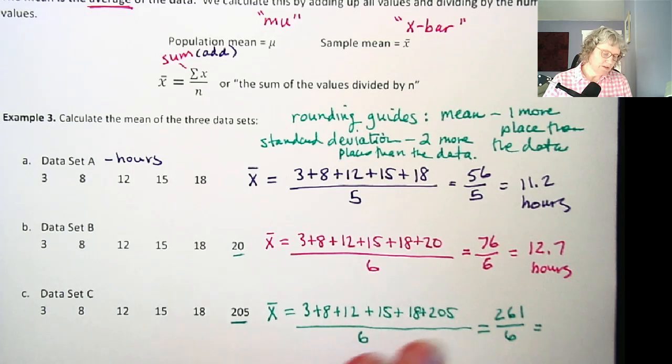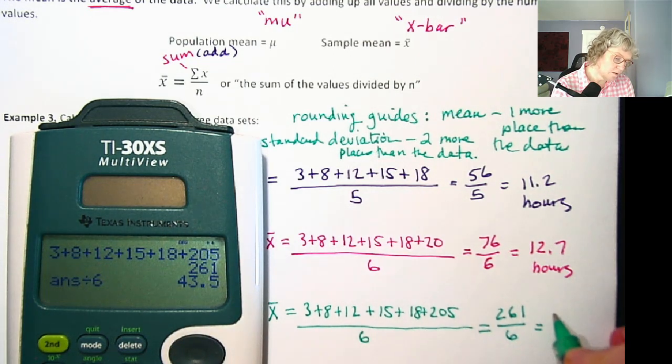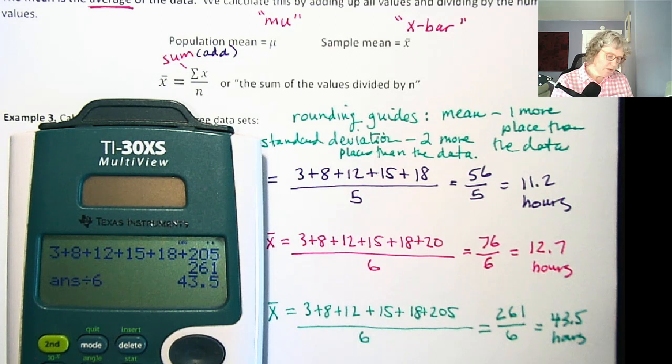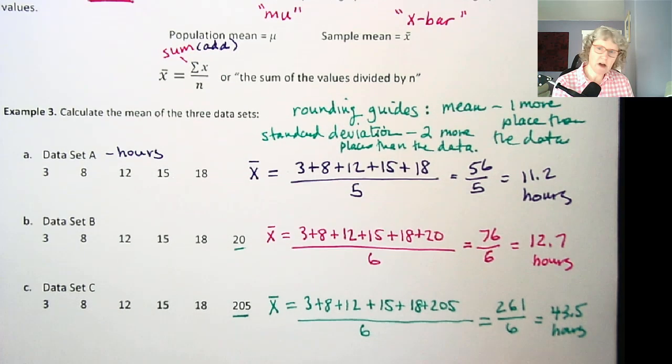This 205 is going to bring the average way up, right? Let's see what it is. 261 divided by 6, 43.5 hours.